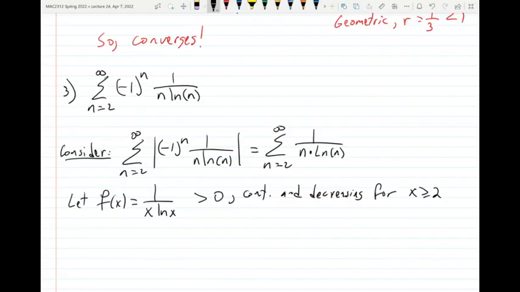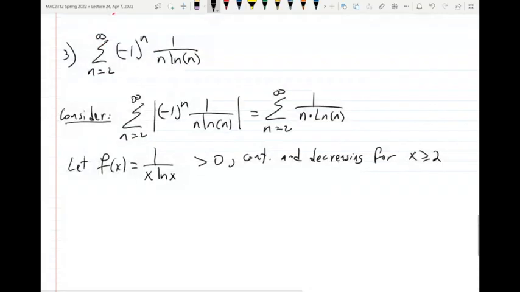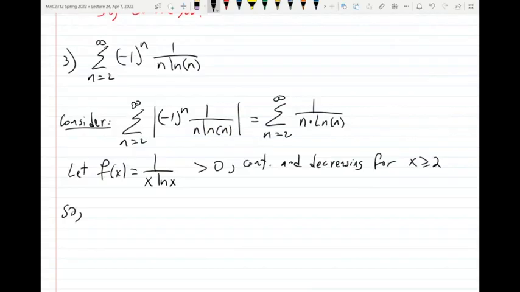So from 2 to infinity, this function satisfies all the conditions that the integral test requires. Remember, the integral test requires continuity, the function to be decreasing, and to be positive on the interval that we care about. It doesn't have to be always, but starting at the point that we want, it must behave this way. And it does. So we may use the integral test.